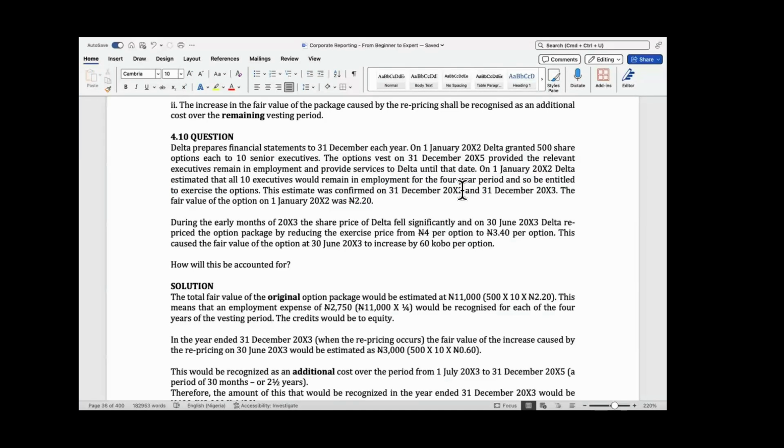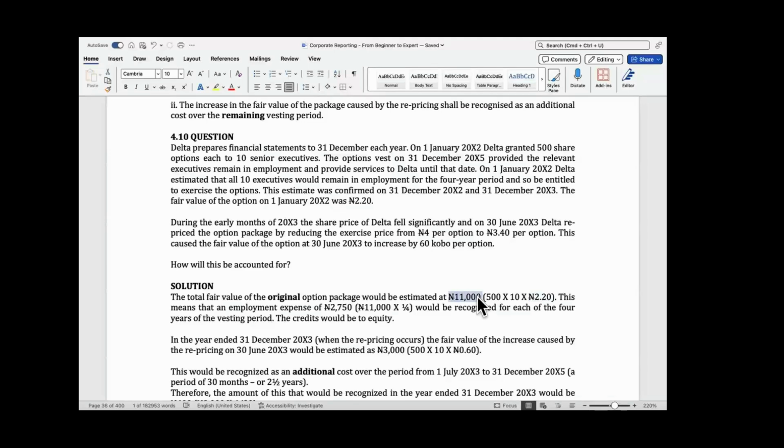So the value of the option at maturity is the 500 options multiplied by 10 senior executives multiplied by the fair value of the option at the grant date, which is 11,000.